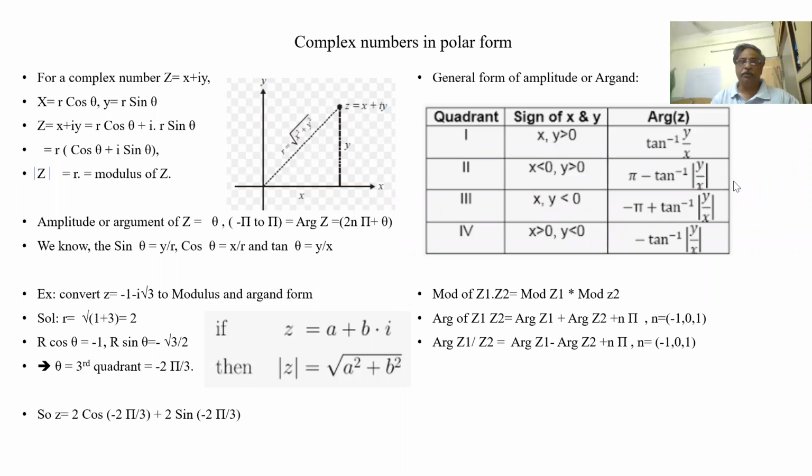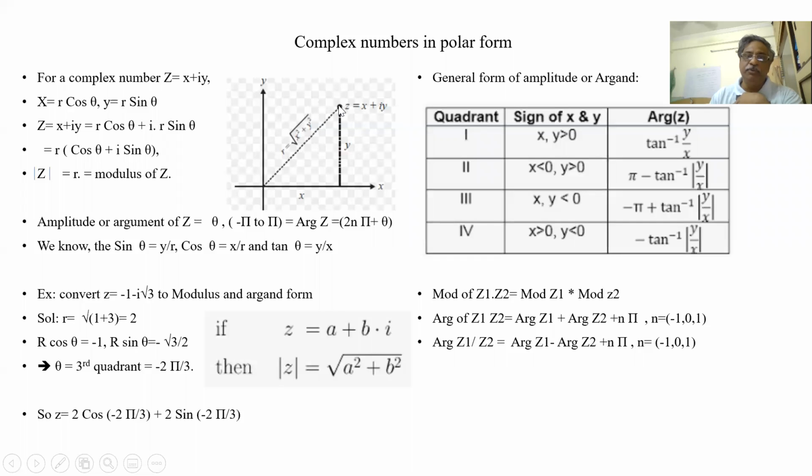Let us see. We know this point z is a complex number with x coordinate x, y coordinate y. It is xy, so we treat it as x plus iy. The same thing can be represented in the name of r and theta.